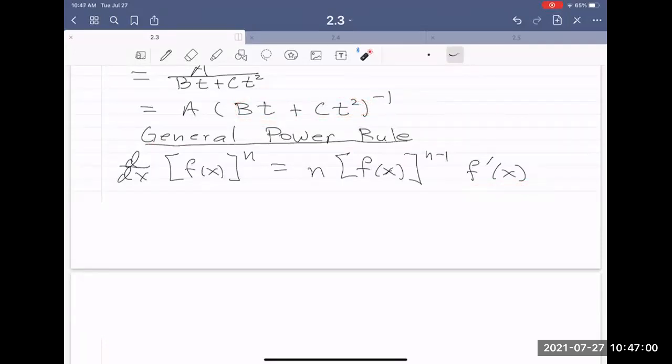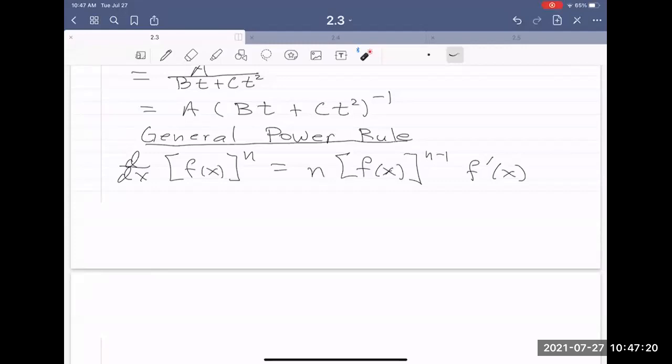So it's something we haven't seen yet, but we will see probably still today, even though we only have like half an hour. We'll see that today. That's in the next section, I believe, which is called the chain rule.